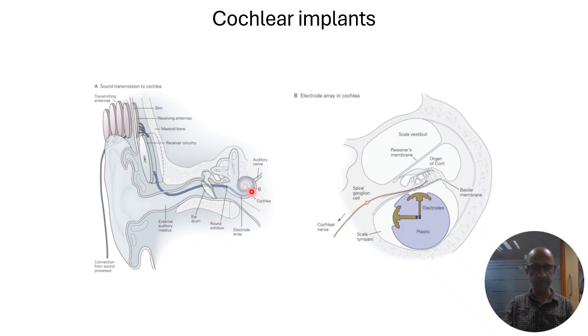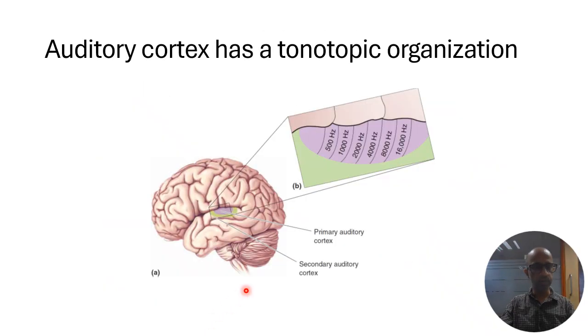If you have a higher frequency auditory stimulus, you stimulate this particular part of the cochlea, and so on. So you can have very different perception of very different frequencies depending on which part you are electrically stimulating.